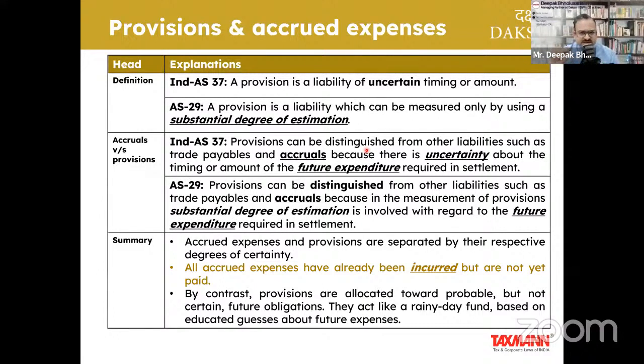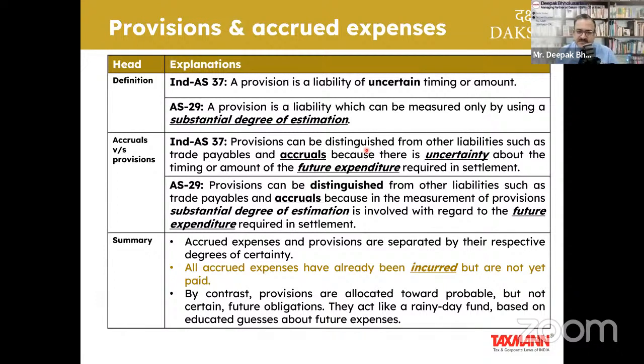Ind AS 37 says a provision is a liability of uncertain timing or amount. So basically, when you are making a provision, you are not certain what the amount is. So ultimately, you need to fall back on the estimation method. Similarly, you don't know when this amount will actually be incurred.